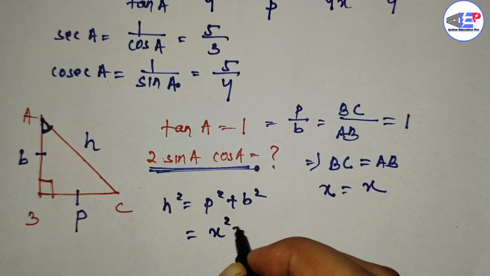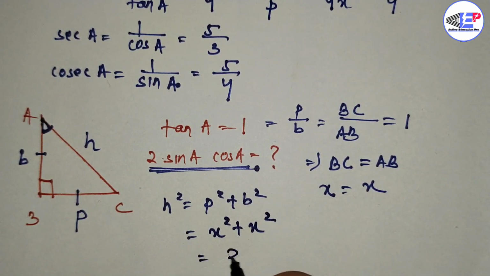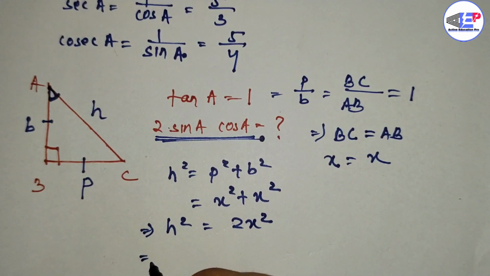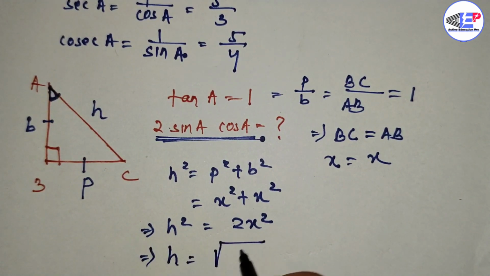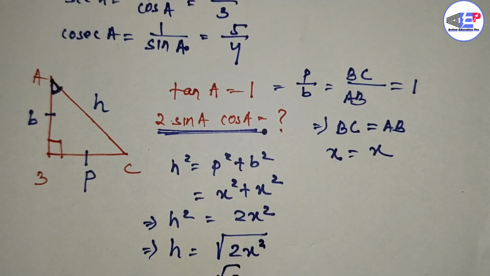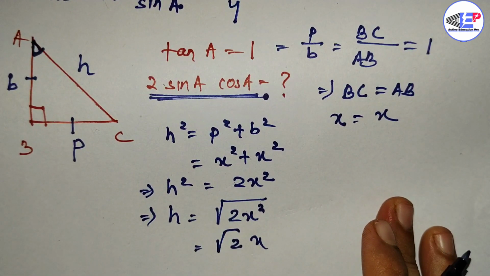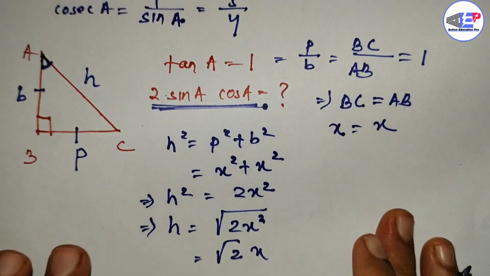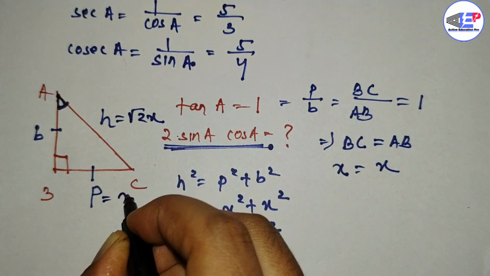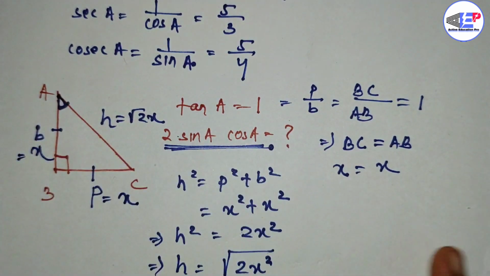So this will be x square plus x square, which is 2x square, equal to H square, and H will be the root of 2x square, which is root 2 x. So this is root 2 x, this is x, and this is x.